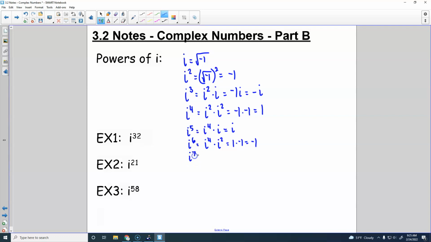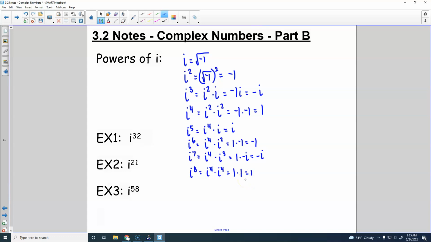If I did i to the seventh, I could do i to the fourth times i to the third, which i to the fourth is just 1. i to the third we've already done. It's negative i. i to the eighth, it could be i to the fourth times i to the fourth, which would be 1 times 1, which is 1.